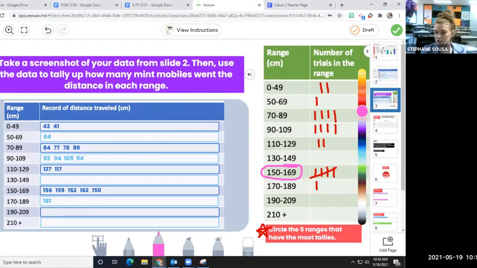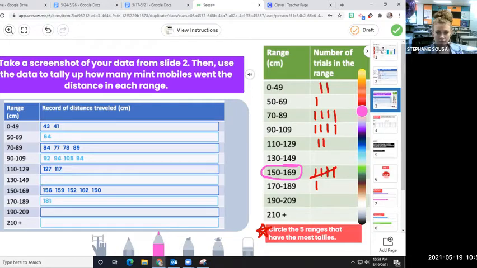We are only going to be graphing the top 5 ranges today. We're not graphing everything like we have been in the past. So this is different. Okay, so 150 to 169 had 5 votes. What were our next popular ranges?